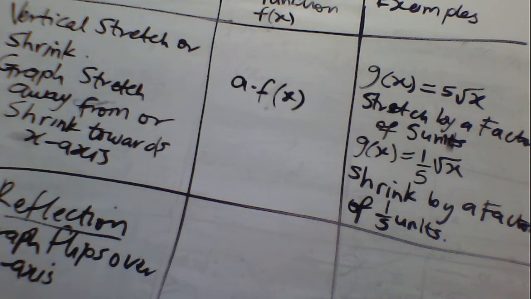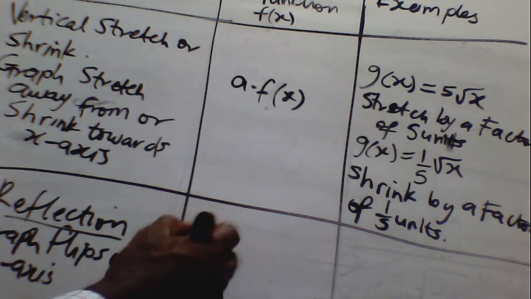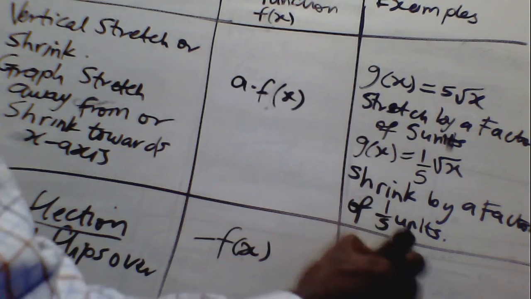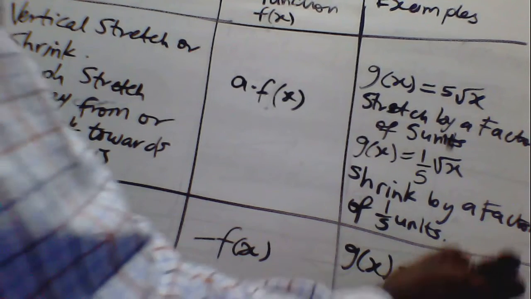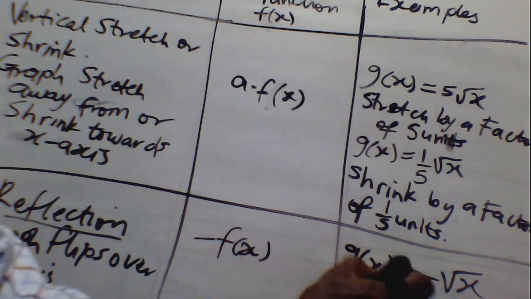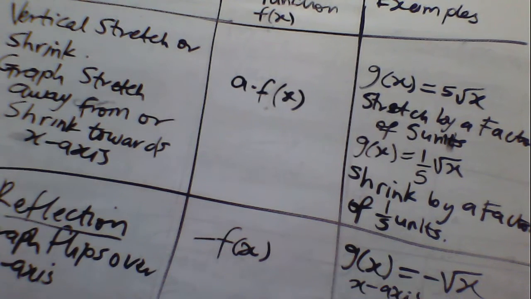If you are talking of reflection, in this case you flip over the x-axis, so you have minus f of x. For example, g of x is equal to minus the square root of x. This is in the x-axis. We flip over the x-axis. So for the y-axis, I hope you are following.